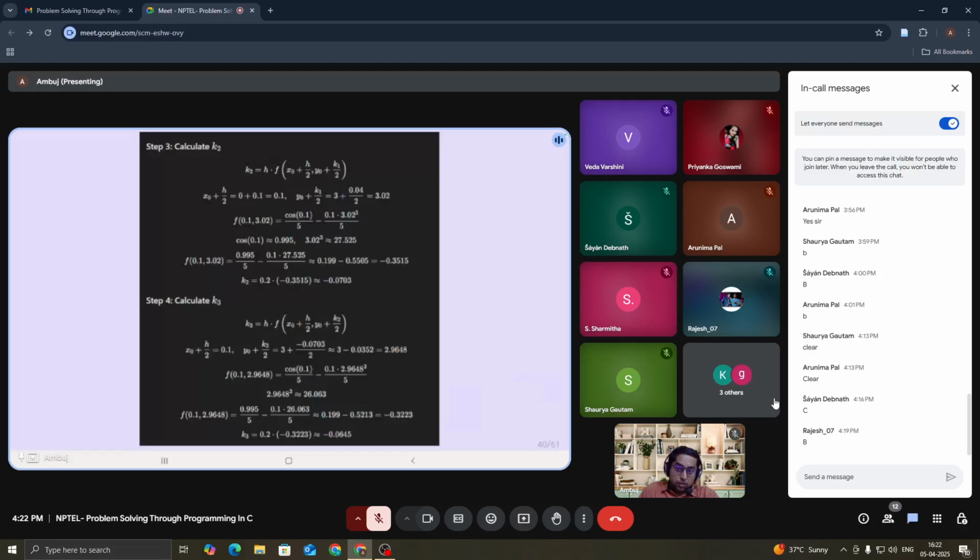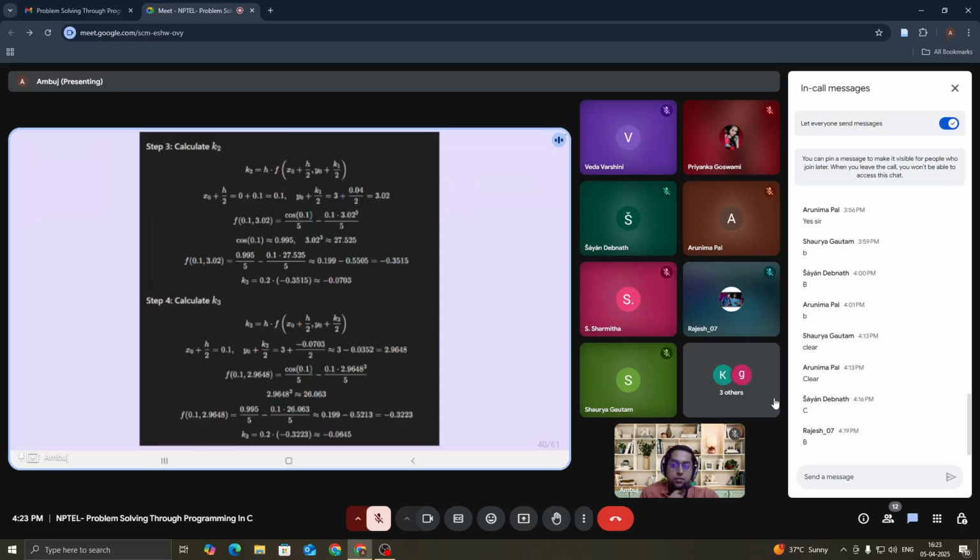So f of 0.1, 3.02 is cos of 0.1 by 5 minus 0.1 into 3.02 cube by 5. Try to calculate, it is coming as minus 0.3515. Then k2 is 0.2 multiplied by this value, which is minus 0.0703. Then you try to calculate k3. k3 is h into f of x naught plus h by 2, y naught plus k2 by 2.